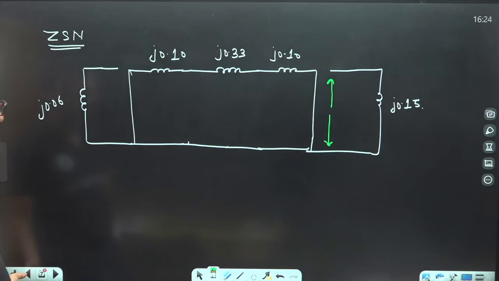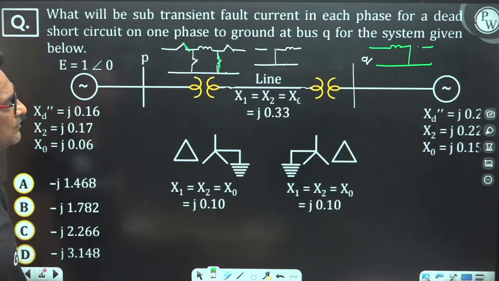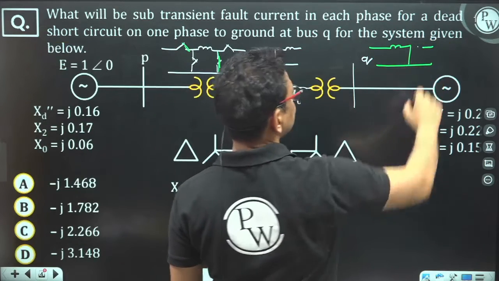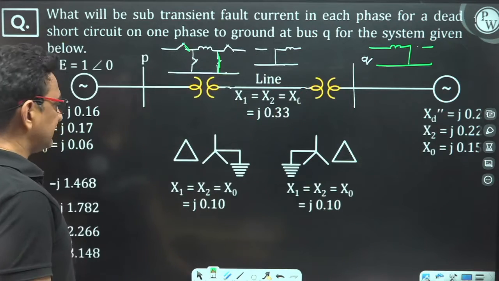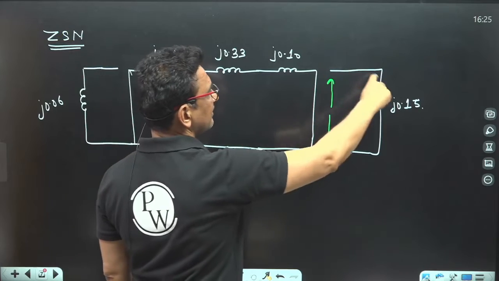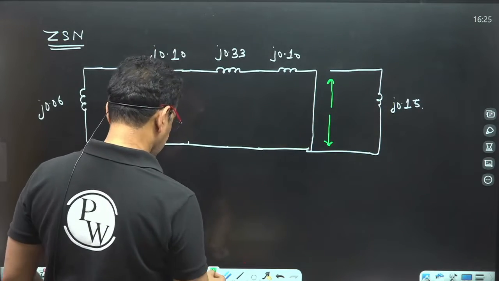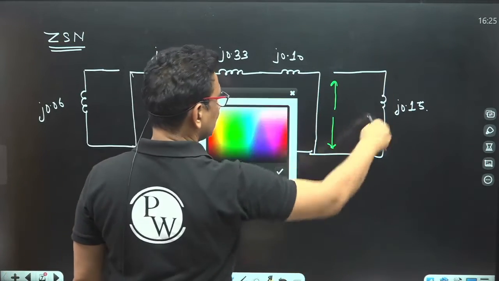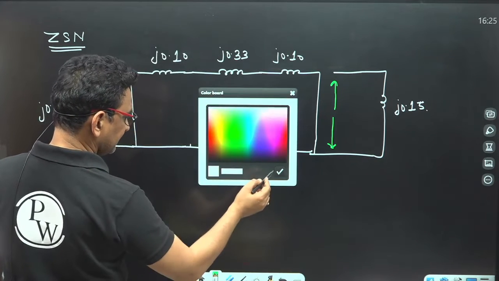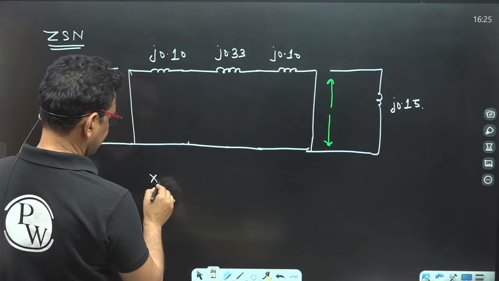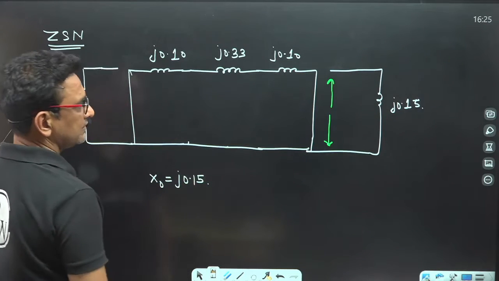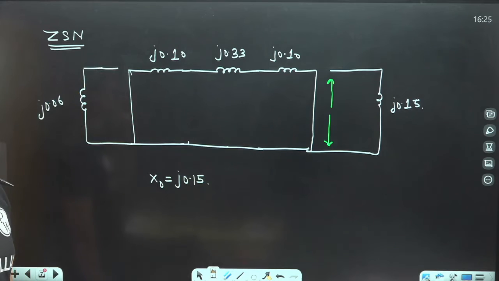This point is Q. This is my open circuit, only the 0.15 is there. So X naught is nothing but 0.15. Clear?